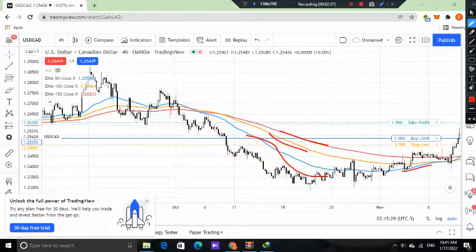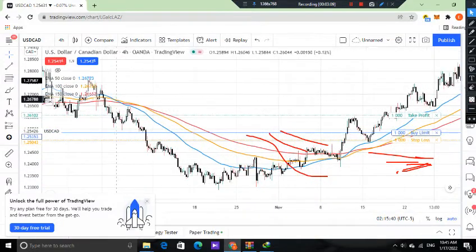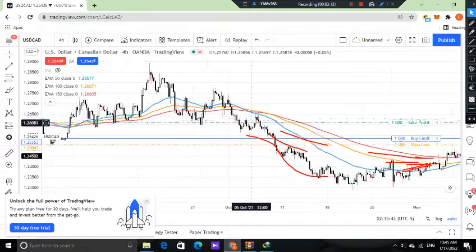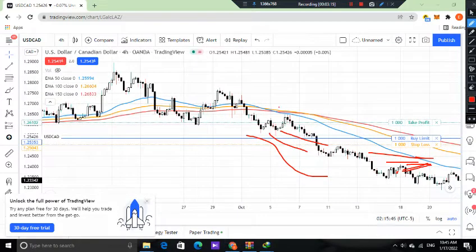But when they get close, it means that price is in a neutral or sideways movement. You can also use their crossing as a signal. When there's like a knot, they go together, there's some concentration in this area.